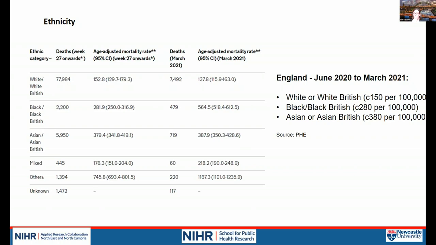We can see that the mortality rates are almost double in Black British, and about 2.5 times when we look at Asian or Asian British. Some of this is related to high rates of deprivation in these communities, but that's not exclusively the reason for these inequalities. There are other things going on in the background which researchers have been examining.